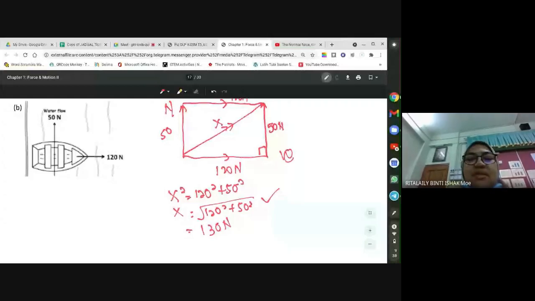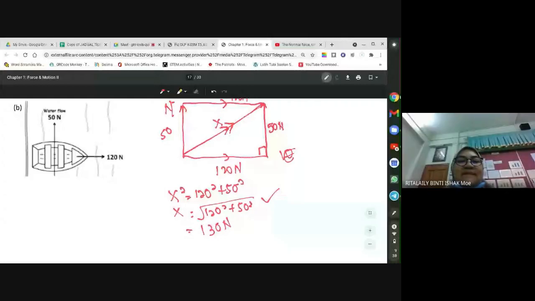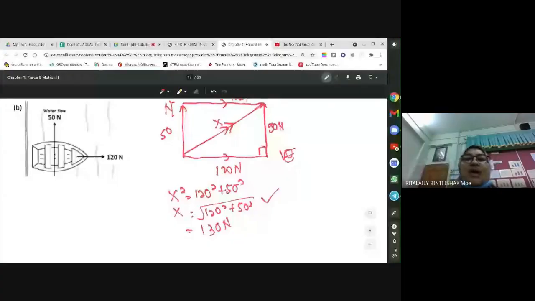So this one is called what? If this one is north, east, what is its name? Timur laut. Now what is it in English? I'm not sure what it is called. If the question asks us to write the direction, we cannot say that it moves to the right because it's not to the right.